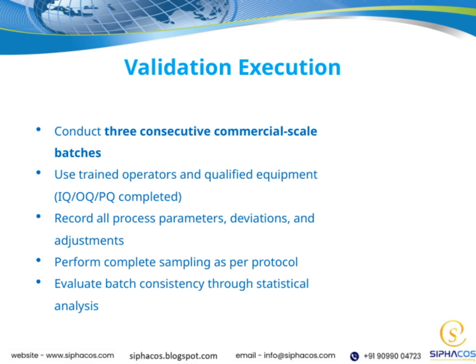Finally, we evaluate the batch consistency through statistical analysis. This step helps us confirm that the process is stable and capable of producing product within the desired specifications consistently. All of these steps together form the core of our validation execution, ensuring that our manufacturing process is robust, reliable, and ready for full-scale production.